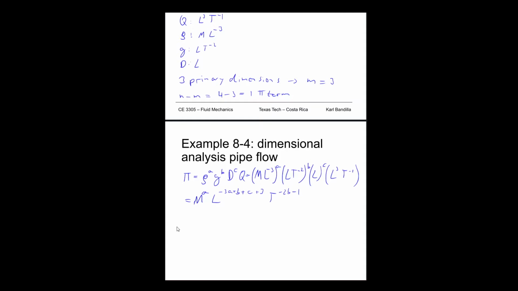That means we can write our set of equations. For M, 0 is equal to A. That's always good, that one falls out. L is the long one, so we have 0 is equal to minus 3A plus B plus C plus 3. And then for T, 0 is equal to minus 2B minus 1.